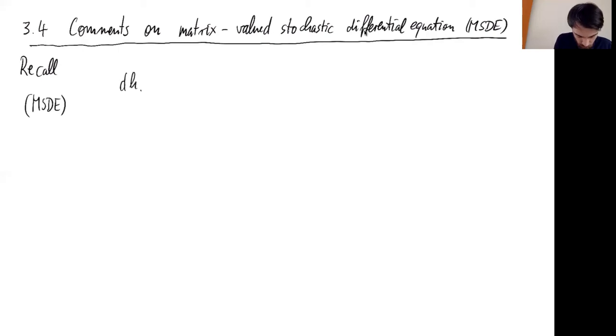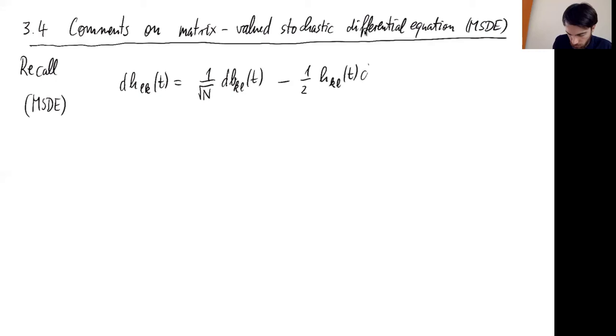We had some diffusion term which came from some Brownian motion, and then we had a drift term which was just minus 1/2 H_KL.